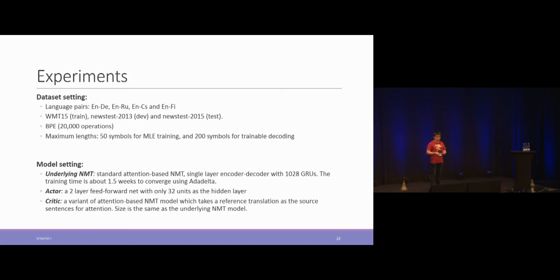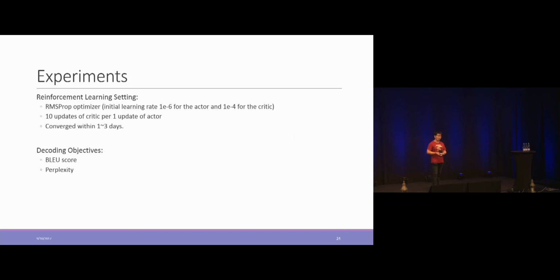For the underlying NMT, we use a standard 1-layer attention-based model. For the actor, we use only a 2-layer feed-forward network, with only 32 hidden units. And for the critic, we use a variant of the attention-based model to predict the reward.